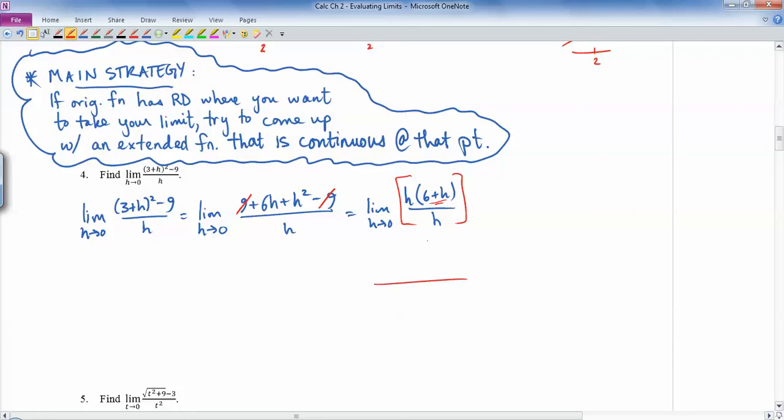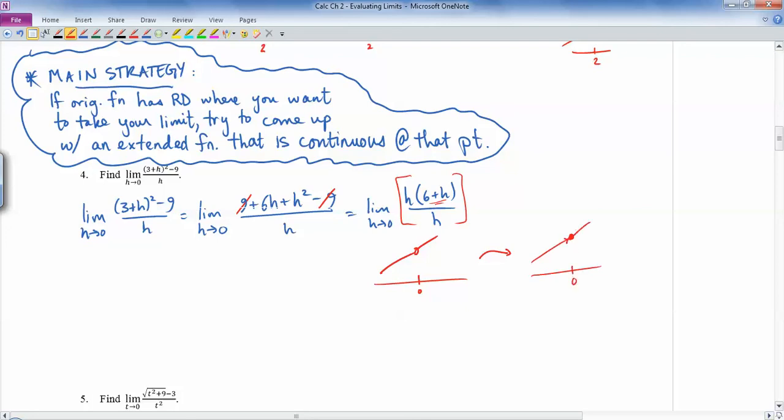So it looks like this, except 0 is not in the domain. So there's just a hole at 0. But I can come up with an extended function where it's the same exact picture, but the hole is filled in at 0.